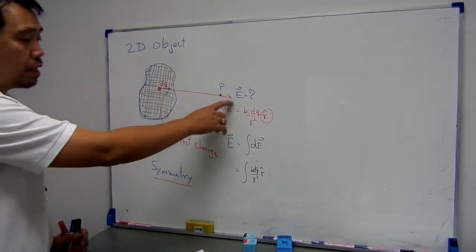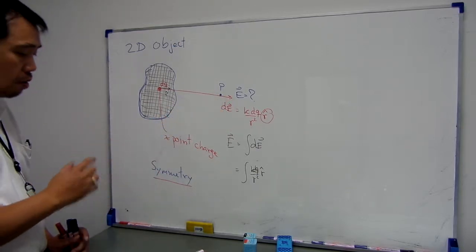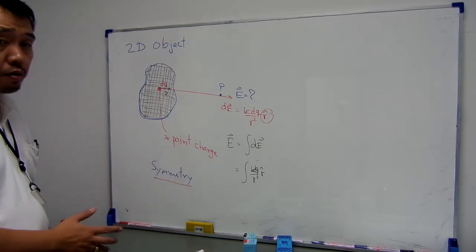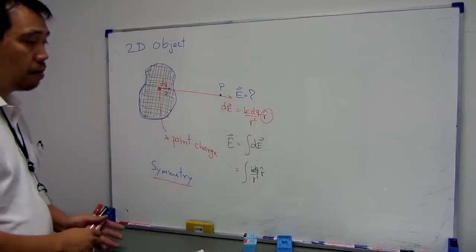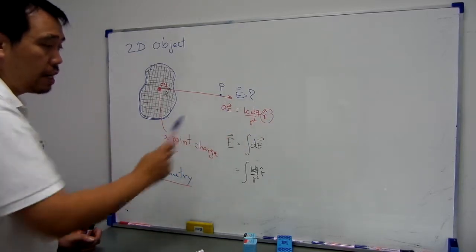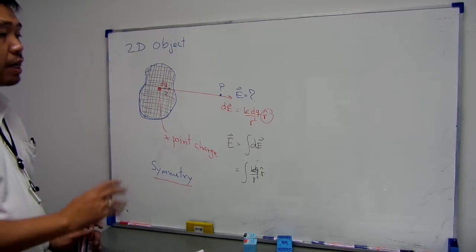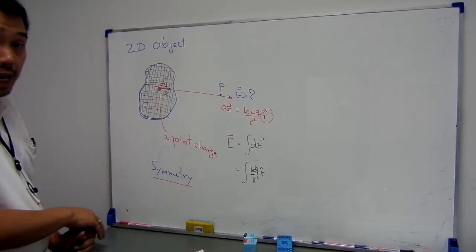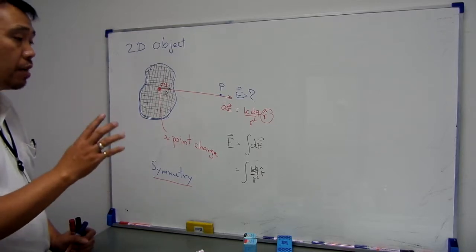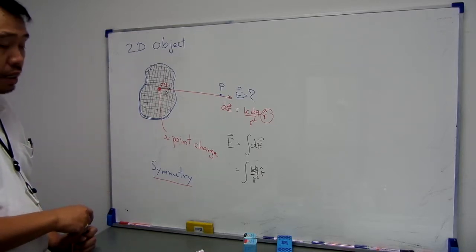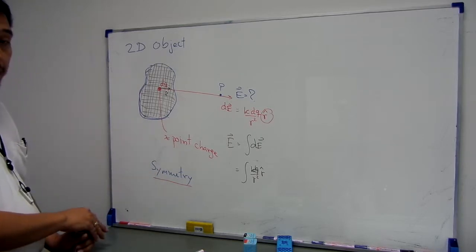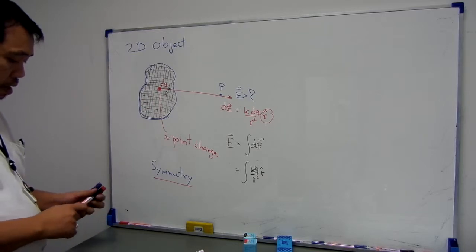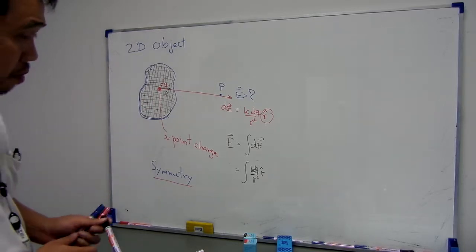When we add up these dE, if we choose the correct symmetry, we can cancel some components of dE because they point in opposite directions, and that will reduce the calculation a lot. We can see this by looking at an example.